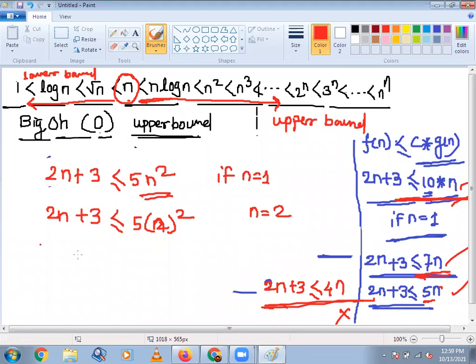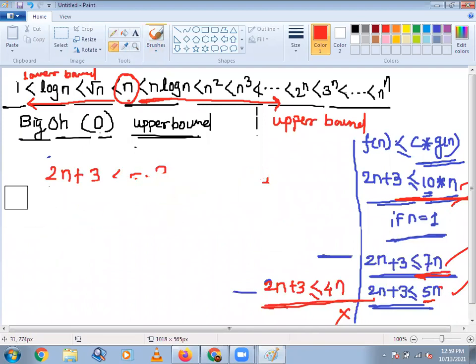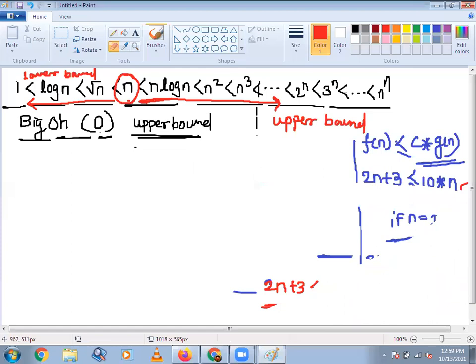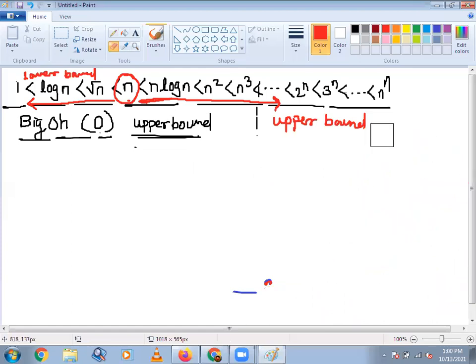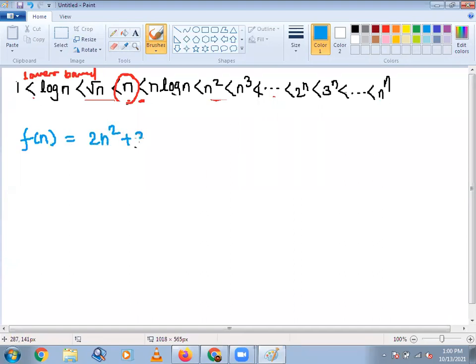Okay, I will take another example. Suppose f of n is equal to 2n square plus 3, and we have to find c and g of n.